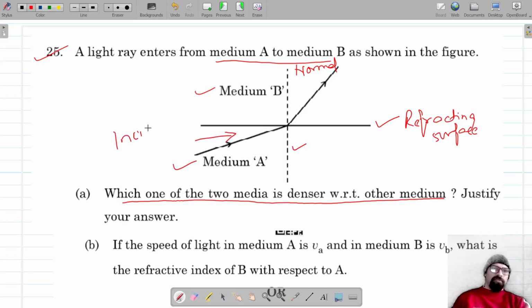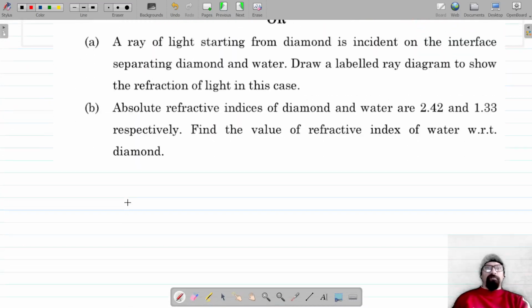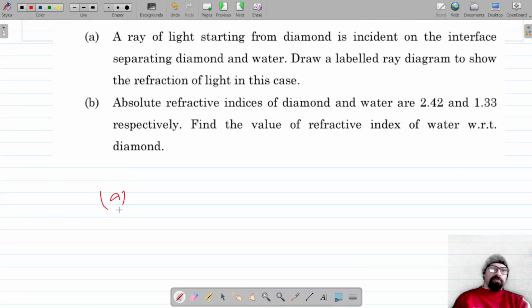The angle between the incident ray and the normal is the angle of incidence, and the angle between the normal and the refracted ray is the angle of refraction. It's obvious from the diagram that the angle of incidence is greater than the angle of refraction.